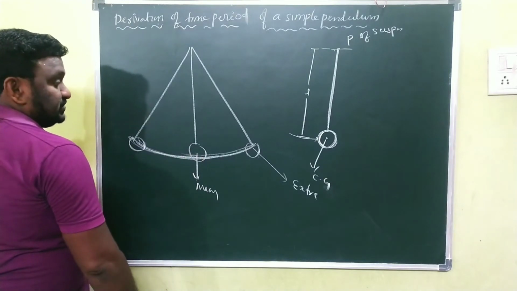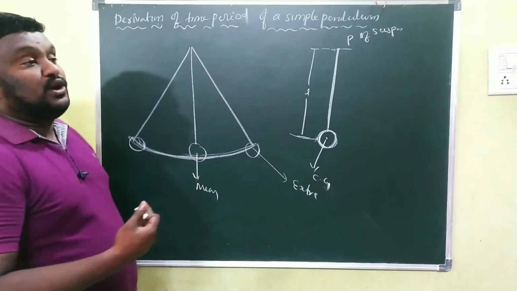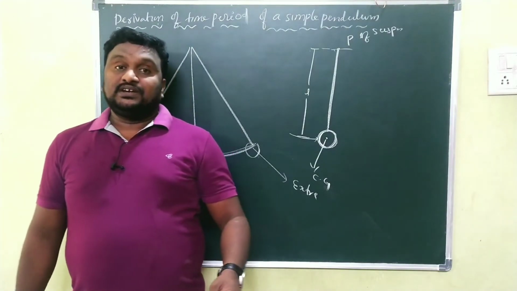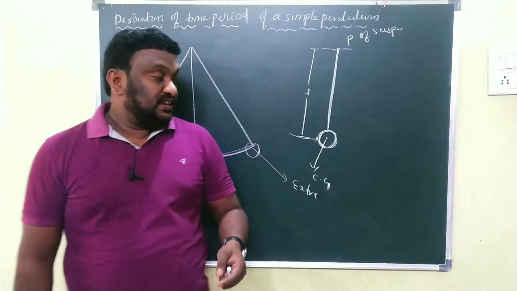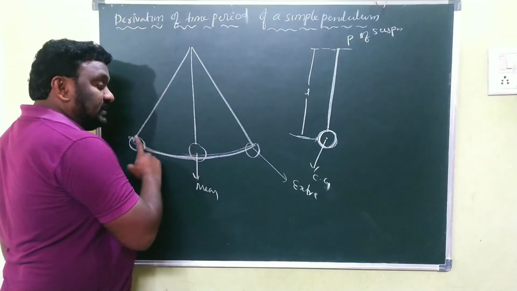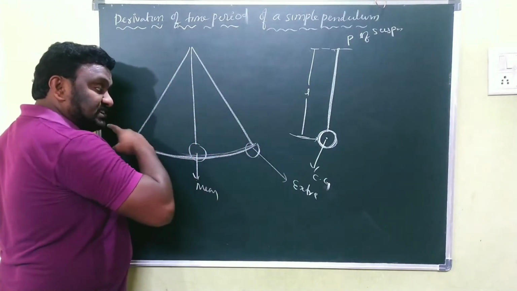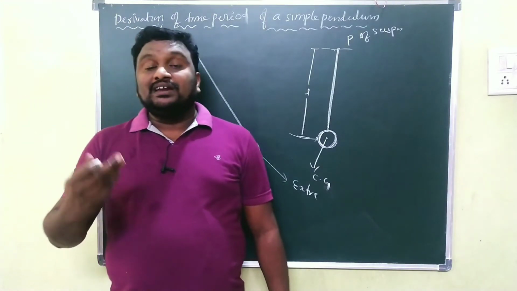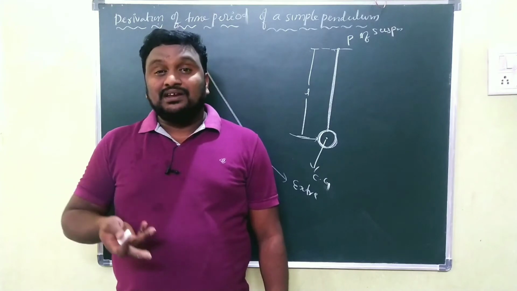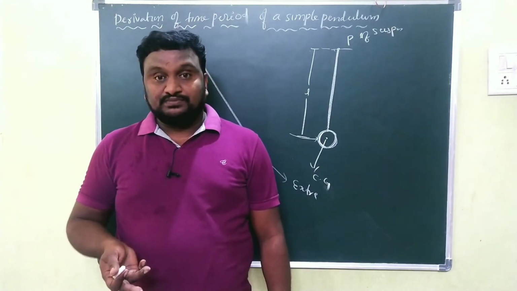Clear, children? In the condition of simple harmonic motion, the motion should be oscillatory. So the bob will make oscillations like this. The motion that repeats is the periodic motion.